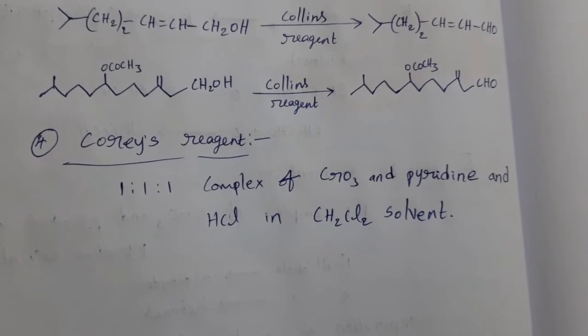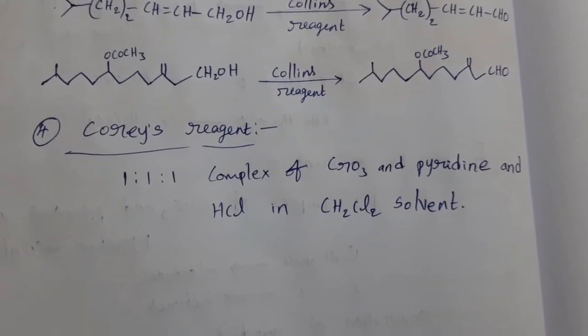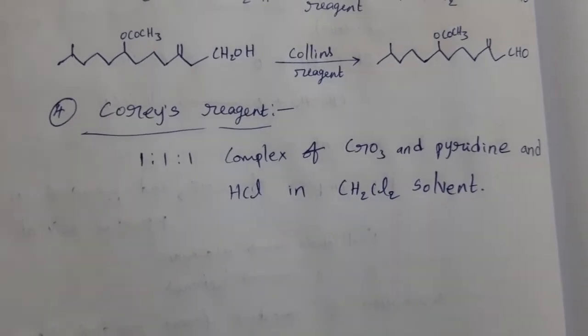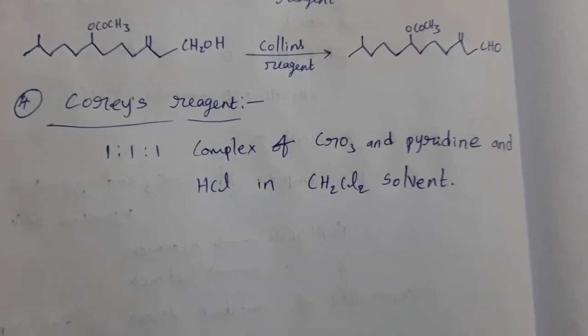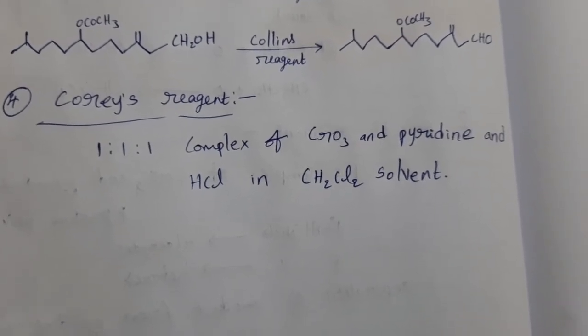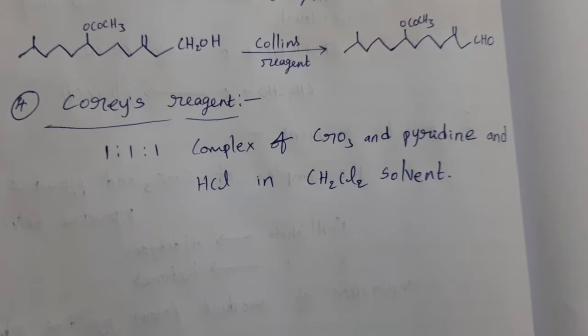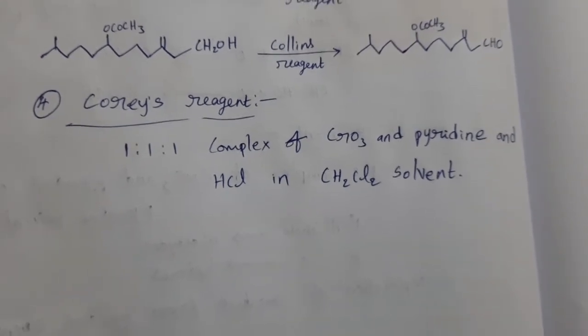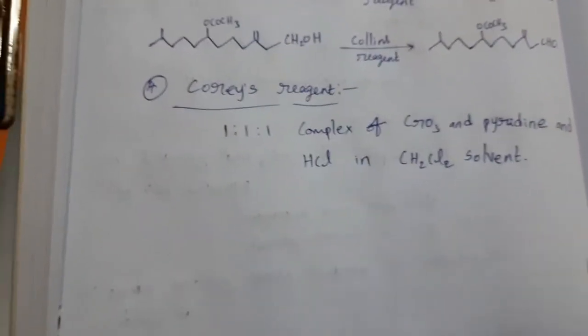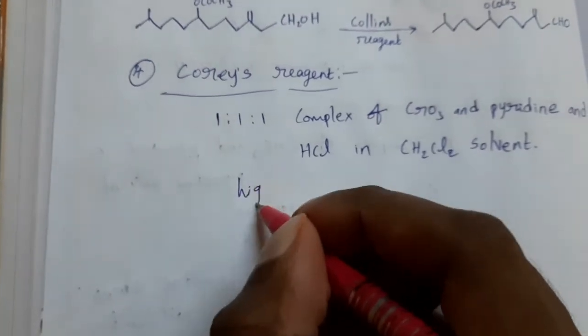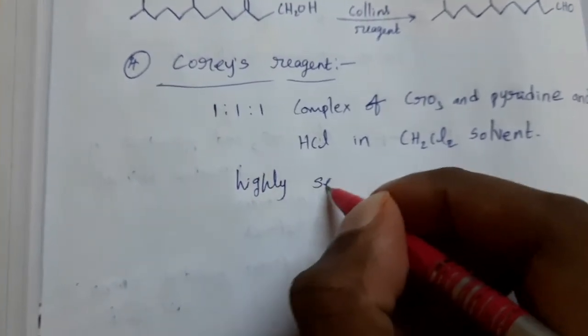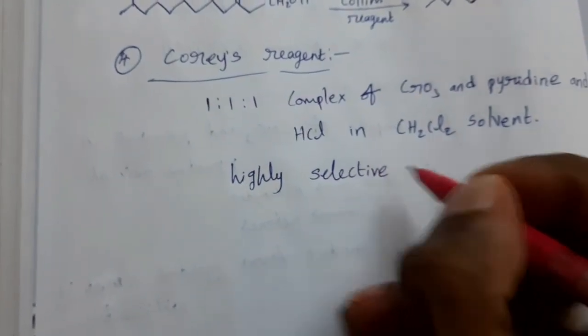So Corey's reagent means 1:1:1 complex of CrO3 and pyridine and HCl in CH2Cl2 solvent. It is a highly selective reagent.